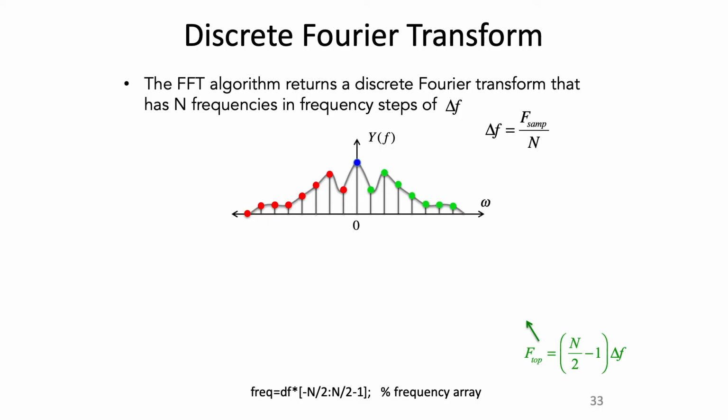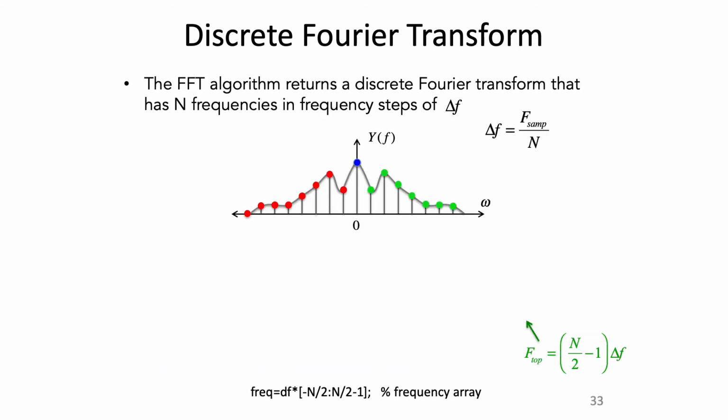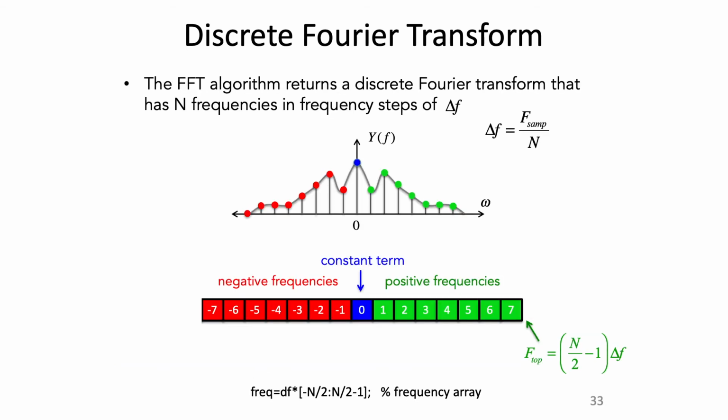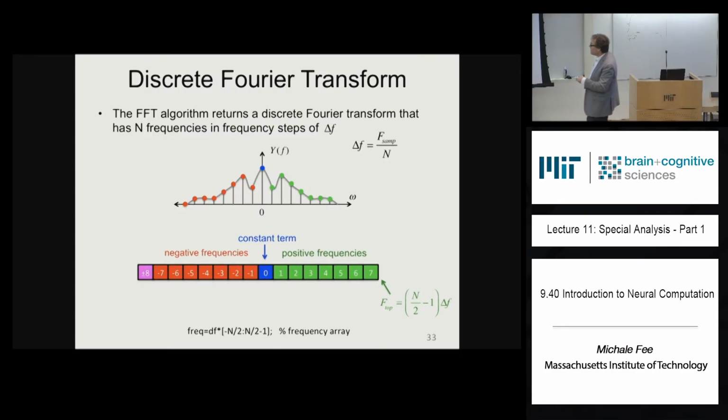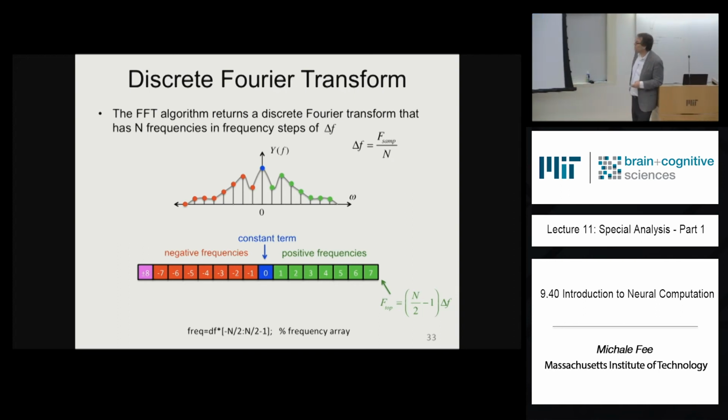The FFT algorithm returns the Fourier components of that function of time. And it returns the Fourier components in a vector that has the negative frequencies on one side and the positive frequencies on the other side, and the constant term in the middle.